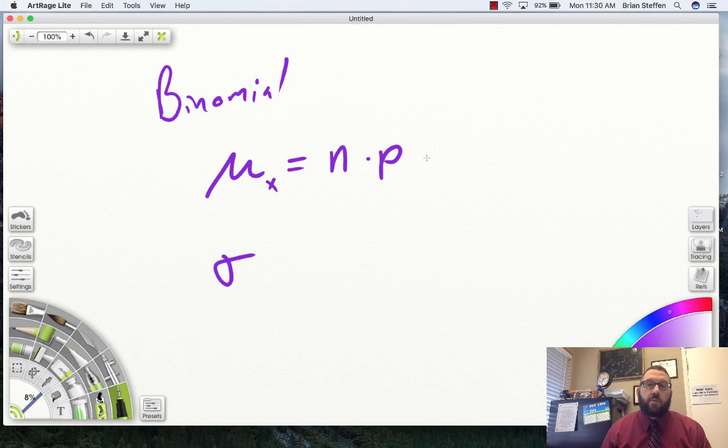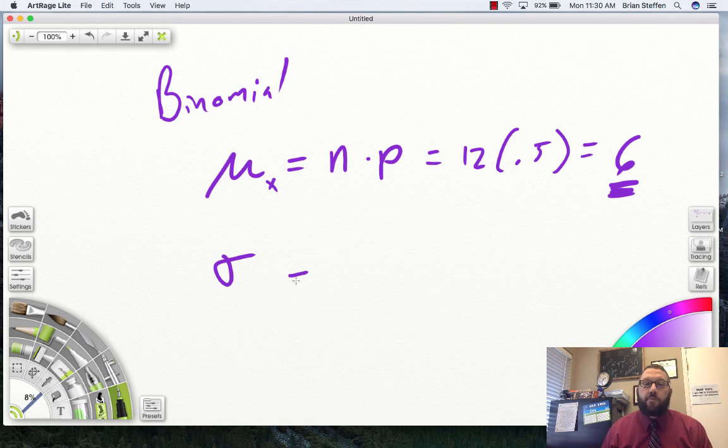So in the case of what we just did here, we had 12, comma, 0.5. What this means is, on average, for every 12 people that are selected, on average over time, over doing this multiple times, each group of 12, I'm going to expect to see about 6 successes every time. That is 6 people are able to identify that it's tap water.